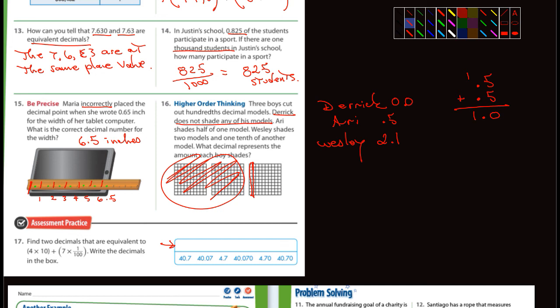Oh, okay. So I think just look at these here and see which ones are equivalent to what they've given us here. 4 times 10 plus 7 times 100. So you maybe write that in standard form and then see if you could spot it here.